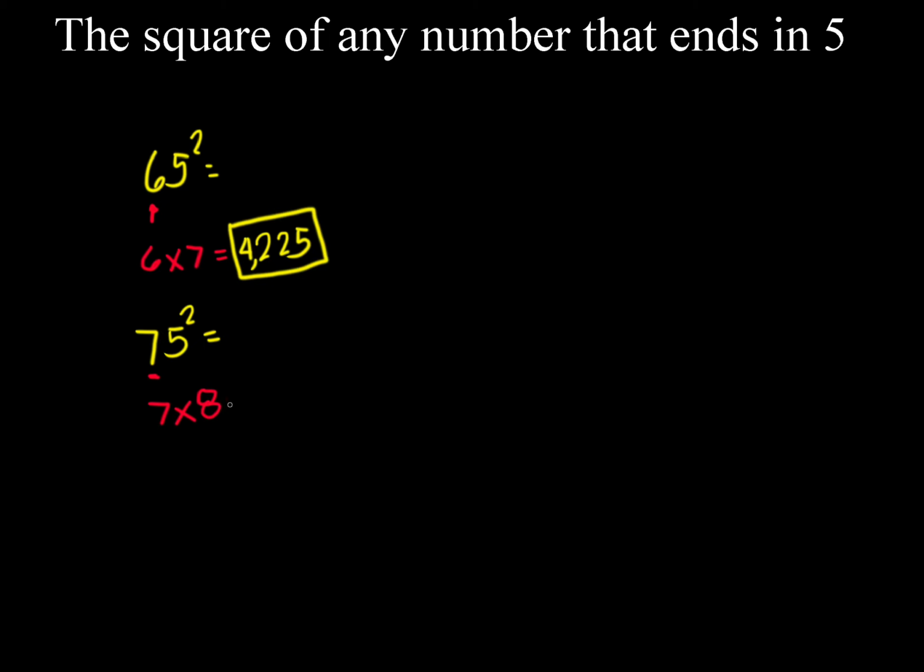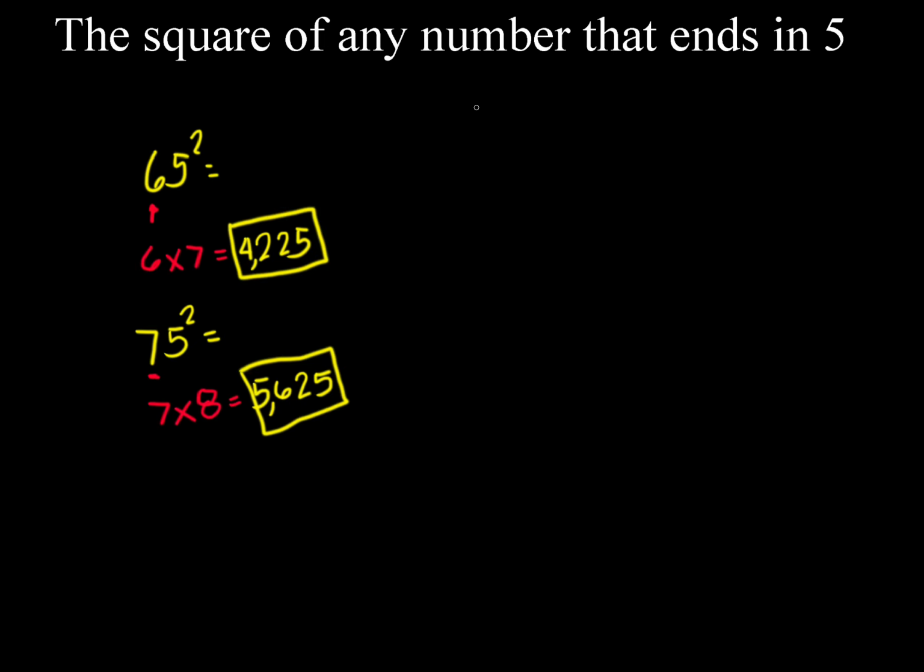So we got 7 times 8, and that will just give us an answer of 56, and then we just write down 25 after your 56. So therefore, the square of 75 will just be 5,625. Easy, right? Let's try another number.